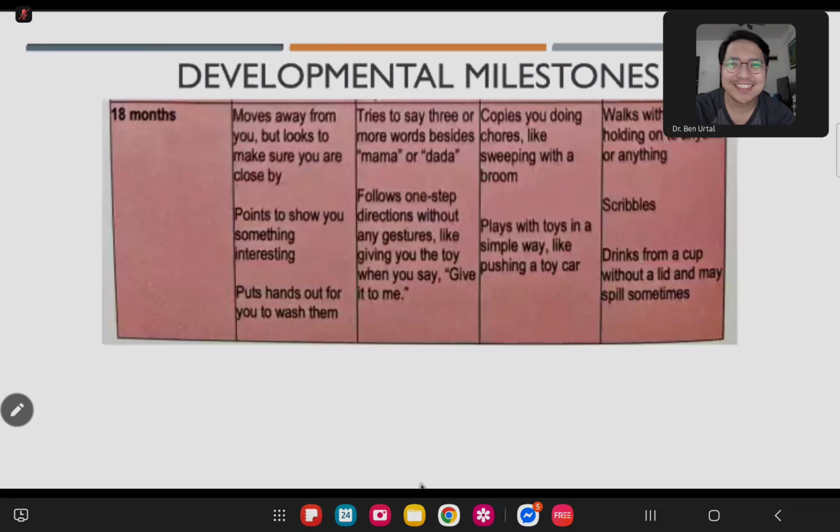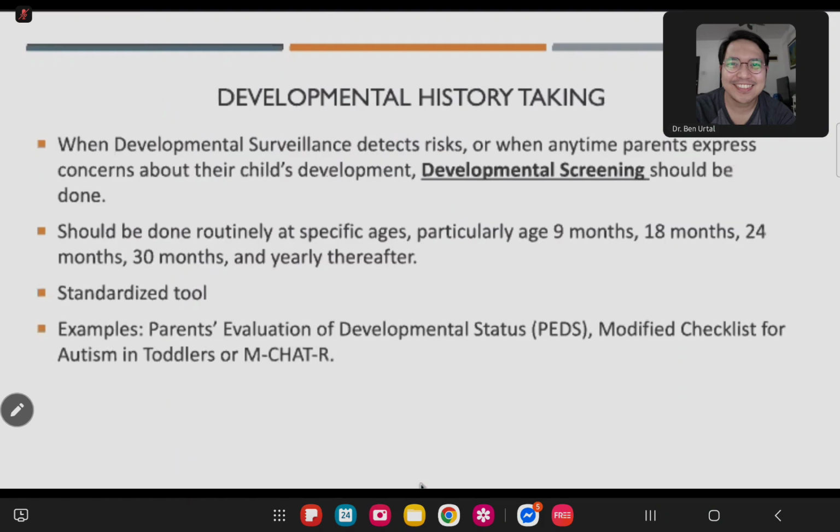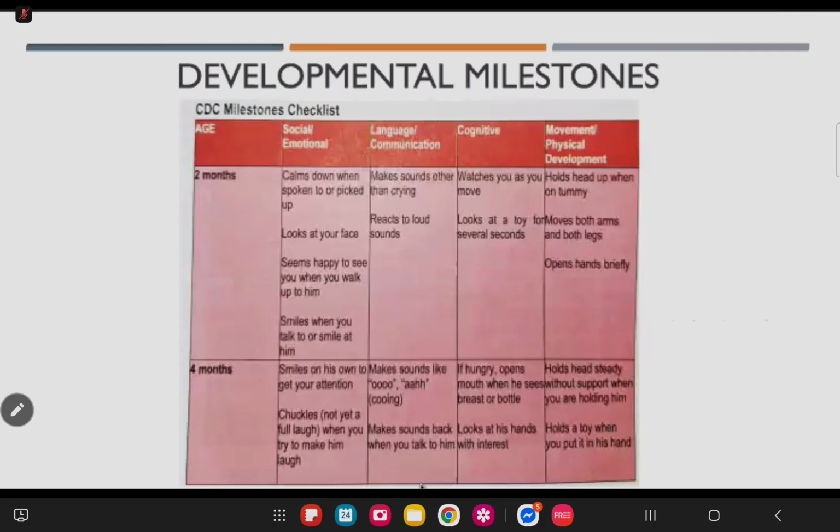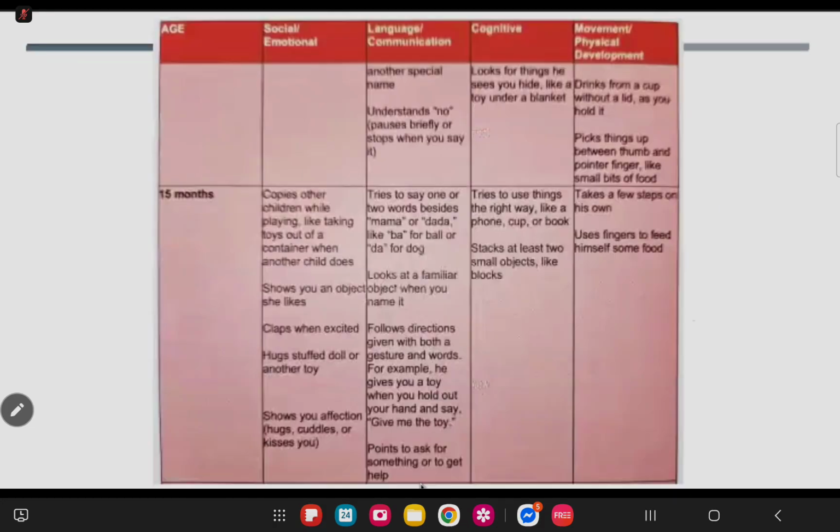Okay, at 18 months. So if you recall your routine developmental screening, right? You have to do this at 9 months, 18 months. So usually at 18 months, this is already almost 2 years old, right?